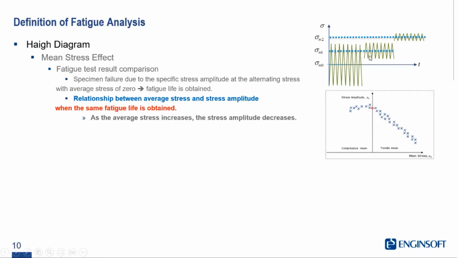As we increase our mean stress, we'll be decreasing our stress amplitude and plotting at what point these samples are failing. If you do that, then you end up with this basically straight line, showing that if we're below this line, then it's not going to fail. If we're above this line, it is going to fail.